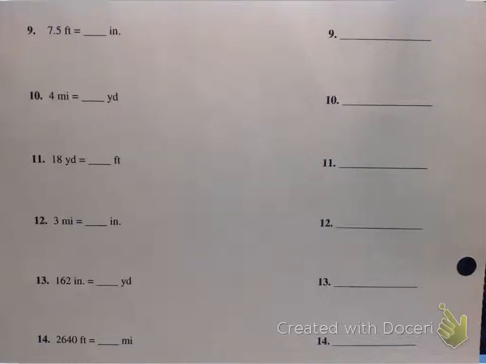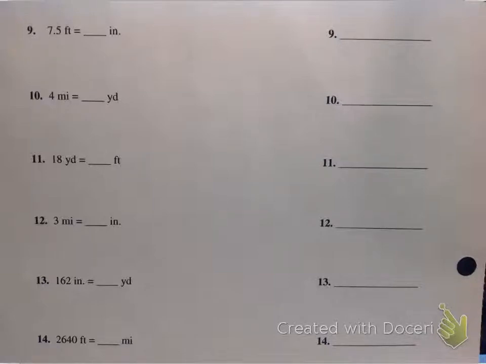So how do we do that? For instance, the first one, 7.5 feet or 7 5/10 feet equals how many inches? What I like to do is set up what I call my ratios or conversion factors.